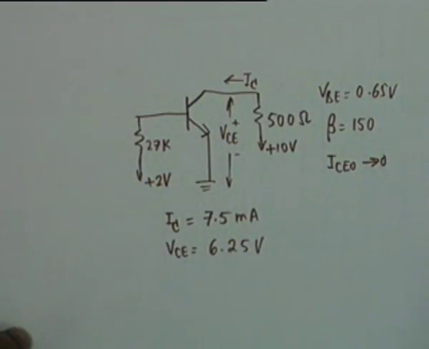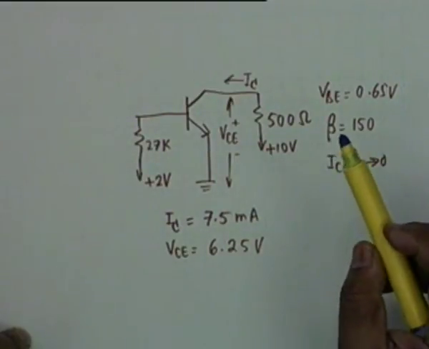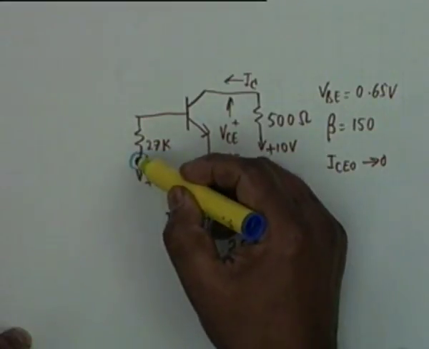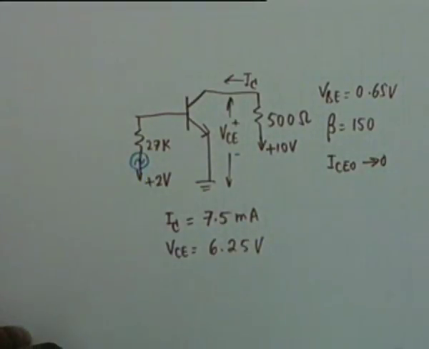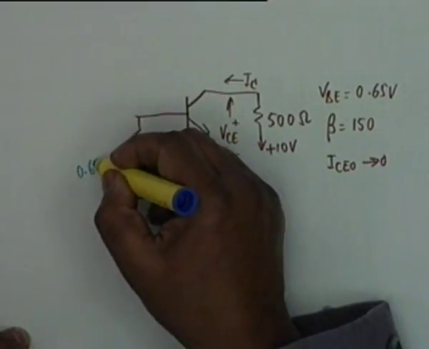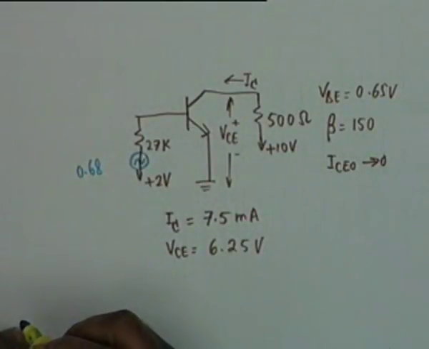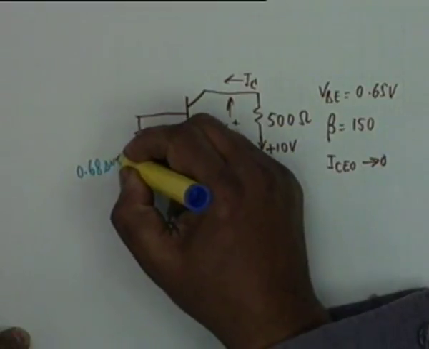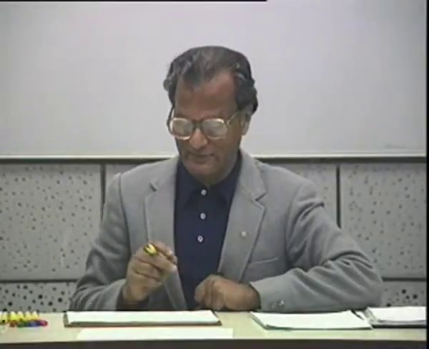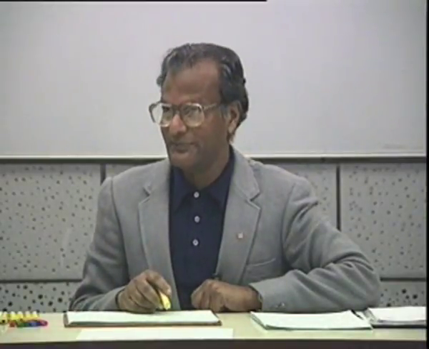The next part of the question says, suppose in series with this 2 volt source, there was a small AC voltage source of value 0.68 sine omega t. Why do I say small?